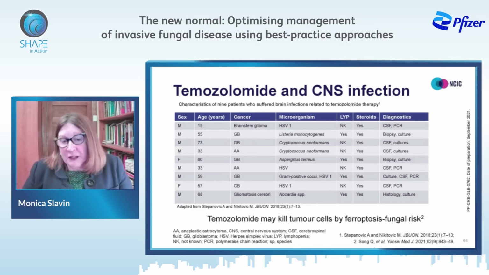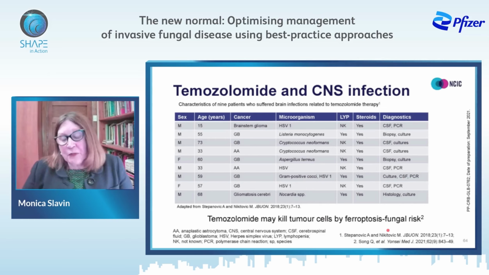What do we know about temozolomide, as that's frequently used to treat brain tumours? There is certainly a case series reporting infections. What we know is that pneumocystis is more common in patients on temozolomide, particularly in combination with steroids. But there are several case reports of fungal infections within the brain, including a case of Aspergillus terreus previously, as well as cryptococcosis.